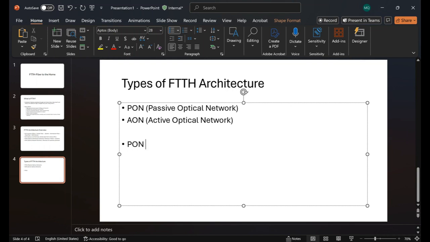PON has no active elements in the path, energy efficient, low cost.